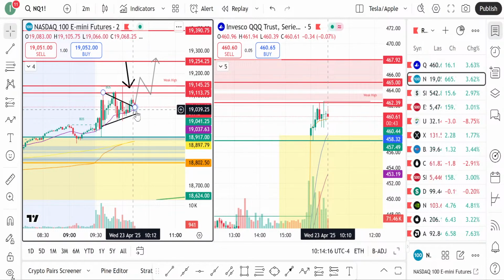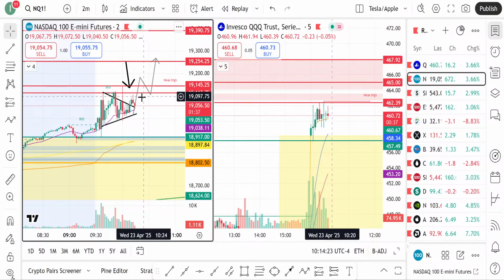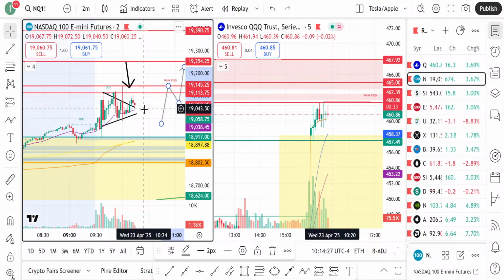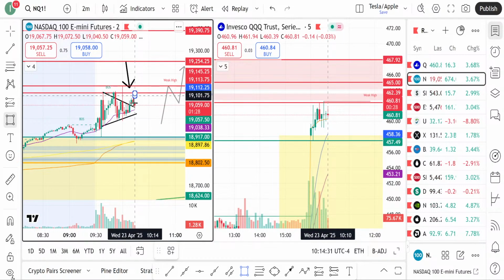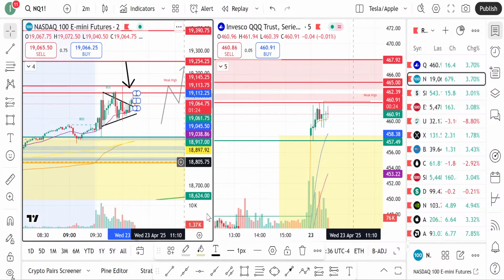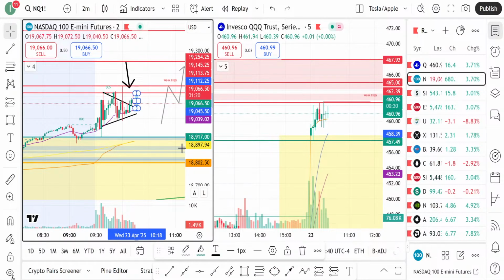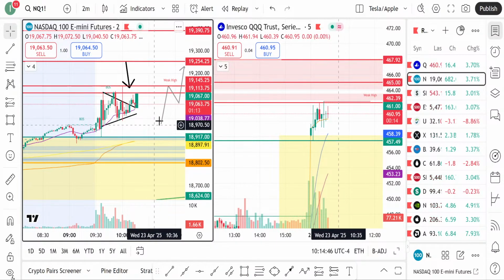And there's that fake again, right? Fake. What am I expecting now? If this is actually gonna go up, I need to see a green candle here closing above this red candle. This is what I want to see.